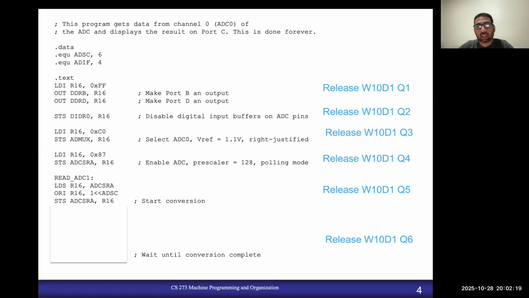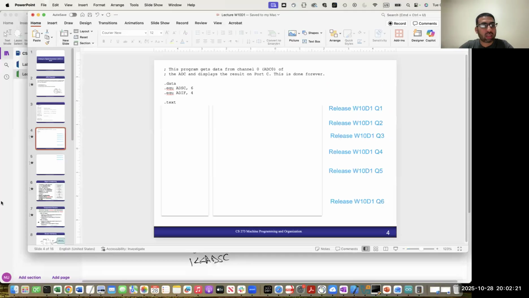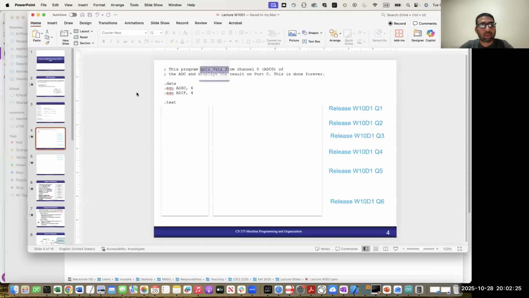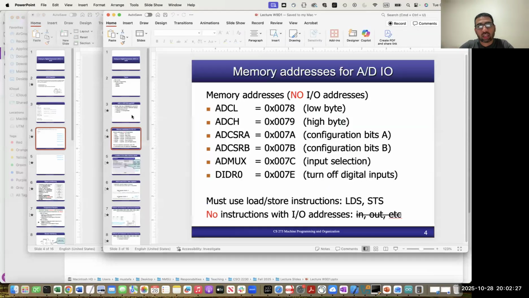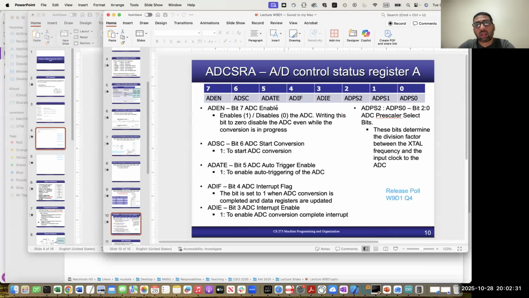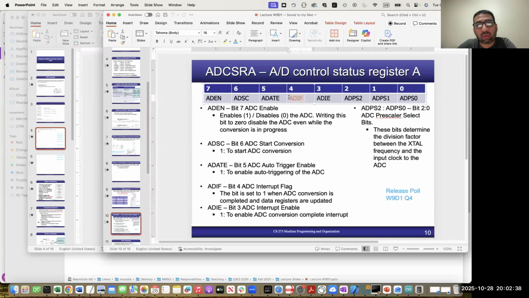So before I release this next poll, let me take you to this slide again to show you the ADCSRA register internal bits. So here, AD enable, ADSC, ADIF. So you need to monitor this bit, which is bit number 4 of the register ADCSRA.